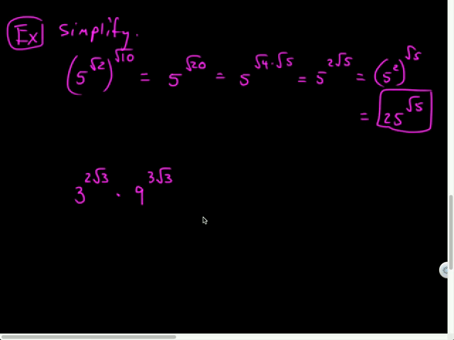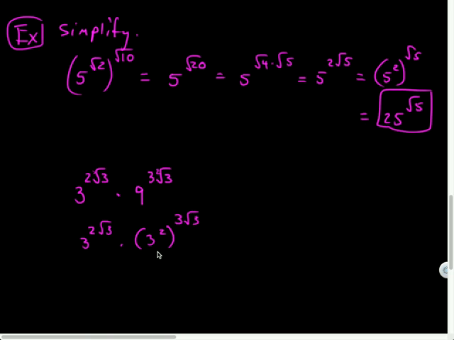I can't add the exponents until I have the same bases. So I can rewrite 9 as a power of 3. What is 9 the same as? 3 squared. 3 squared to the 3 square roots of 3, sorry.